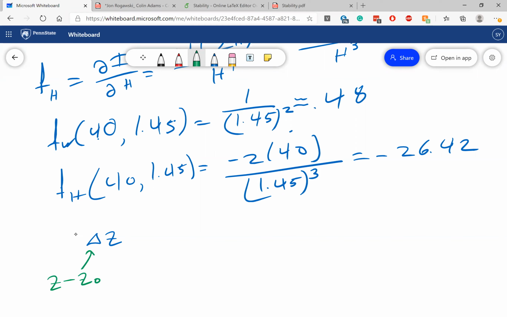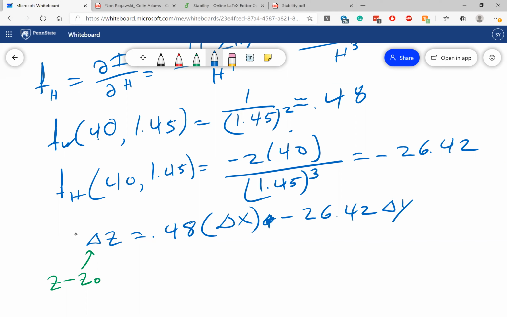That's going to be equal to f_W at this point, 0.48, times delta X, the change in X, plus a negative, so minus 26.42 times delta Y. That's what my delta Z is going to be.